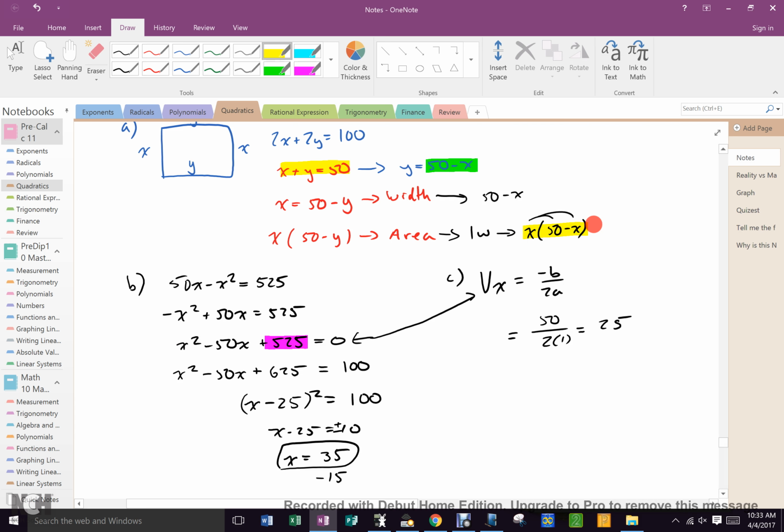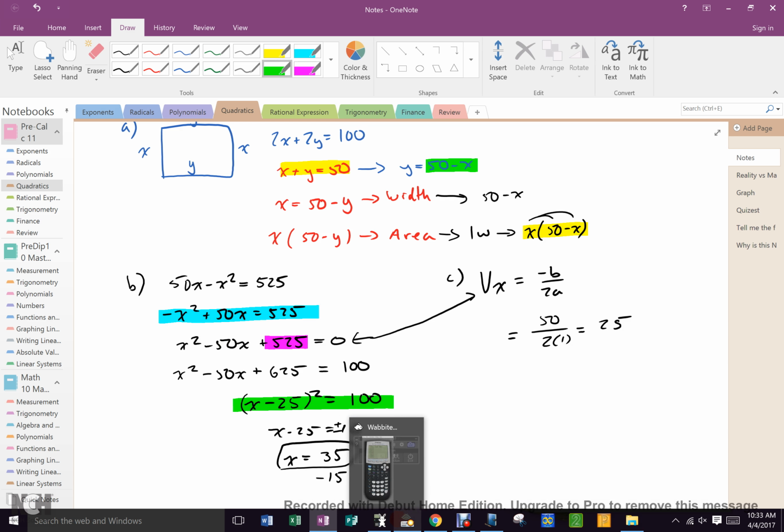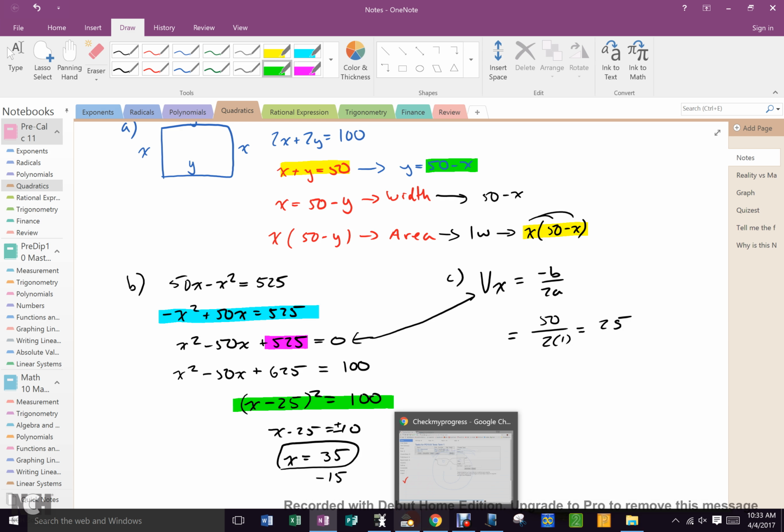Is that one yellow, blue, or green? Well, you can if you move it, right? Yellow, blue, or green. What gets me the fewest button pushes? Yellow, right? So how would I enter that into my calculator?